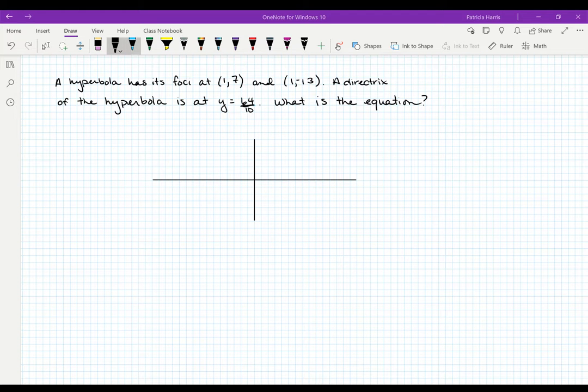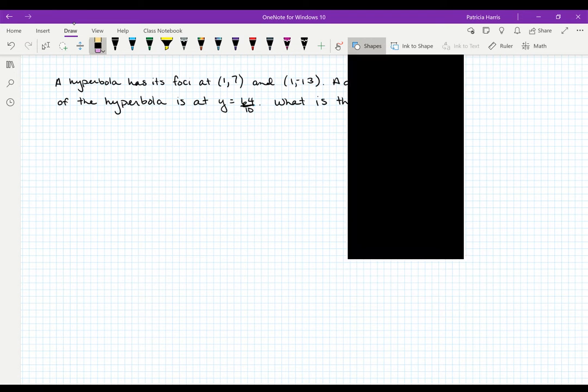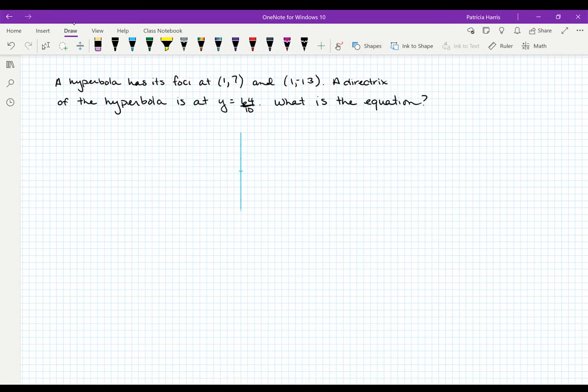Okay, so the foci are at (1, 7). Let's redraw my axis because I don't think I drew it right. Didn't make it quite long enough. There we go. Let's change it to black so we can see it better.